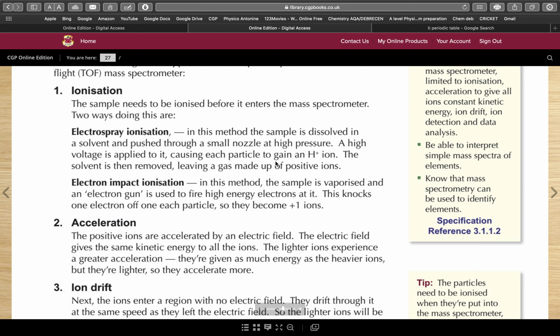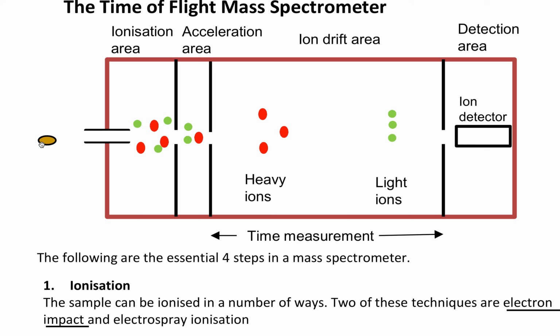So basically, let me delete our electron gun. Oh, I thought that was the electron gun. Anyways, so this is our sample. Basically, during electrospray ionization, our vaporized sample goes into our ionization area. Here what happens is it's dissolved in a solvent.